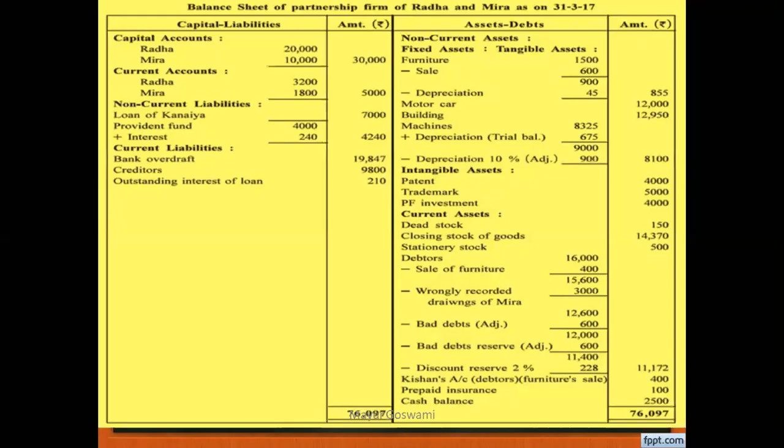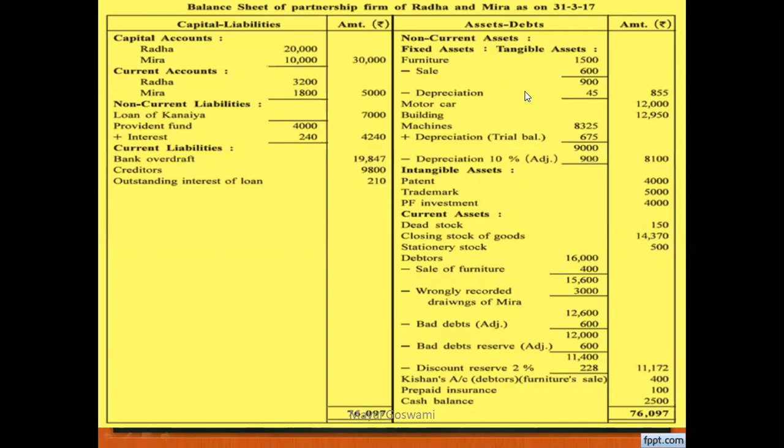Can you tell me? Depreciation on furniture sold: 600 into 5% into, from 1st April till 1/10, so 4, 5, 6, 7, 8, 9, for 6 months. 15 rupees. Very good.